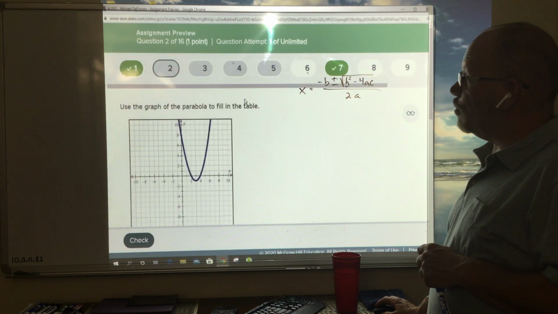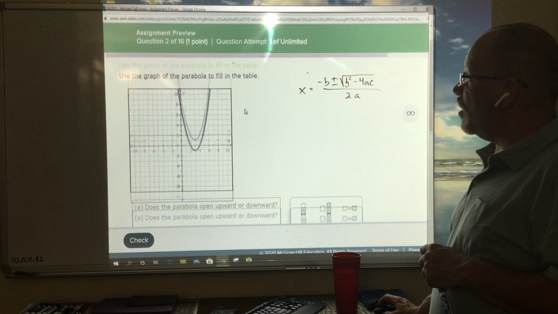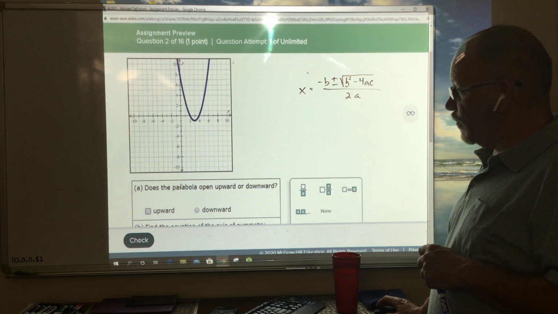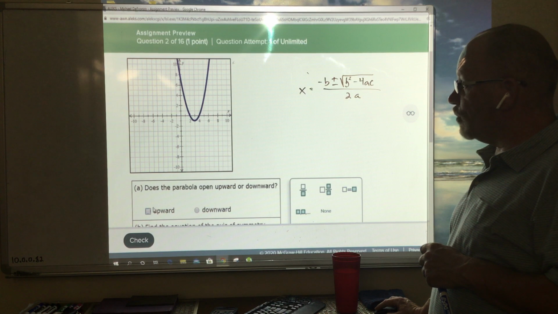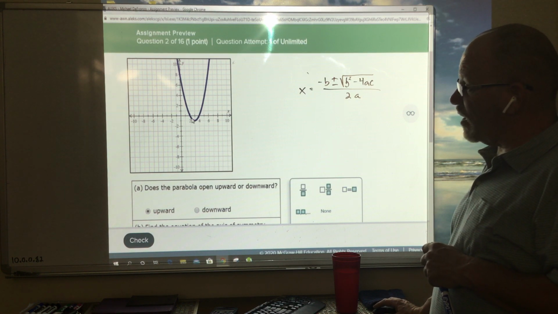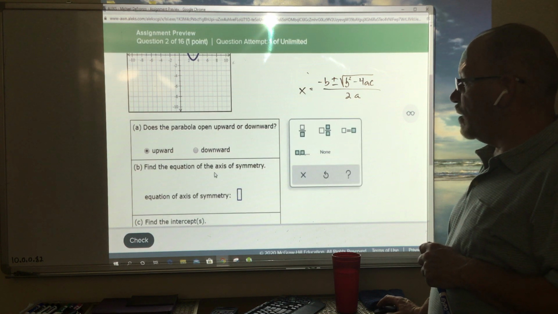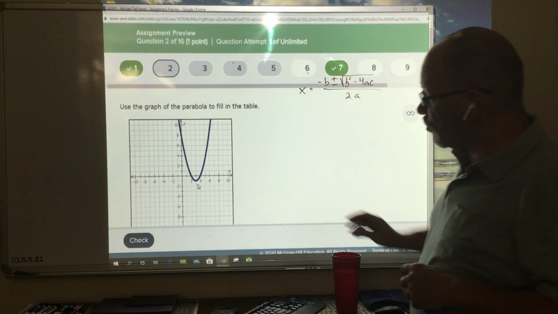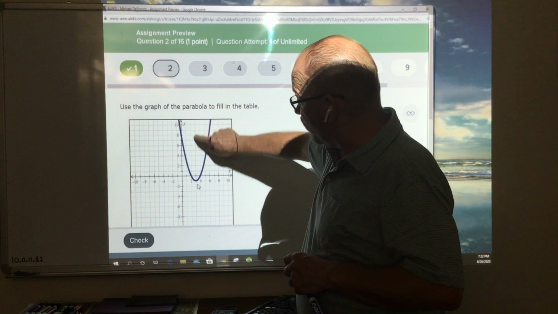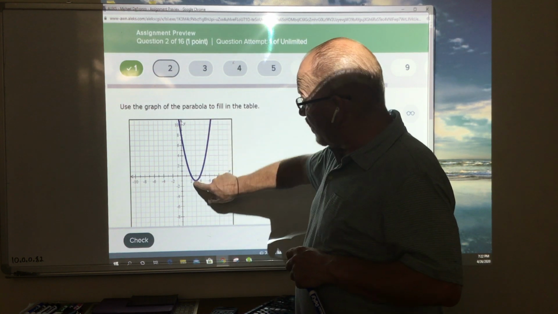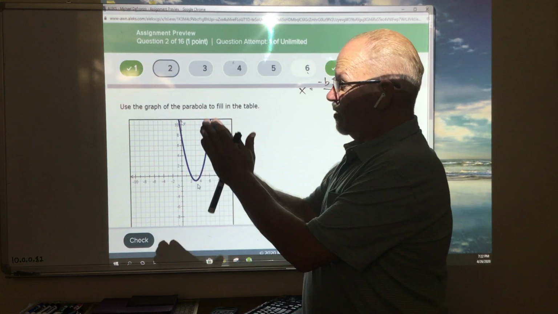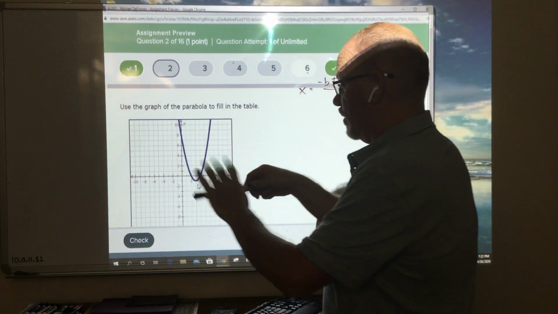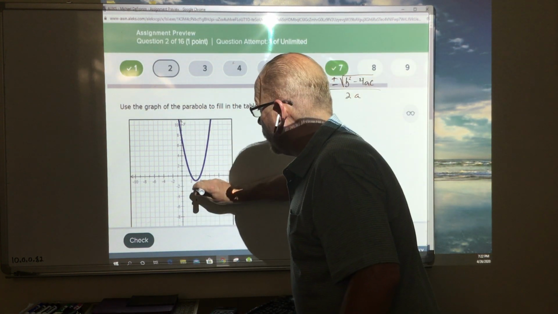So here's a parabola. It opens upwards. So the first question says, does it open up or down? It's going to ask us for its vertex, its x-intercepts, its y-intercept. So find the equation of the axis of symmetry. Symmetry, in other words the line of reflection, would be this x equals 3 line, because it unfolds about that line right here.